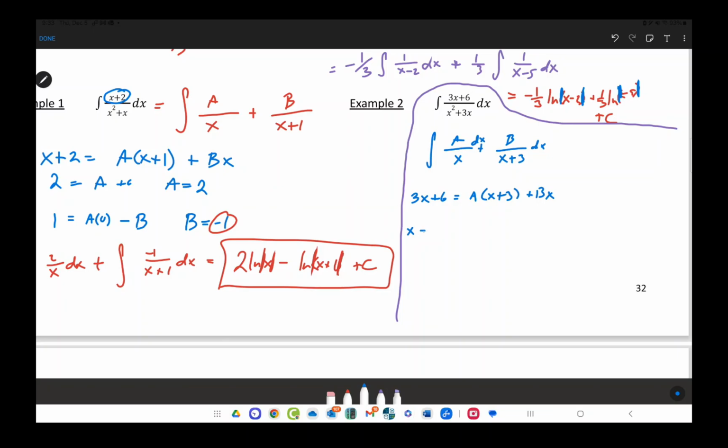So when x is equal to 0, we have 6 is equal to 3a, so a is 2. And when x is equal to negative 3, we have negative 3 is equal to negative 3b, so b is 1.